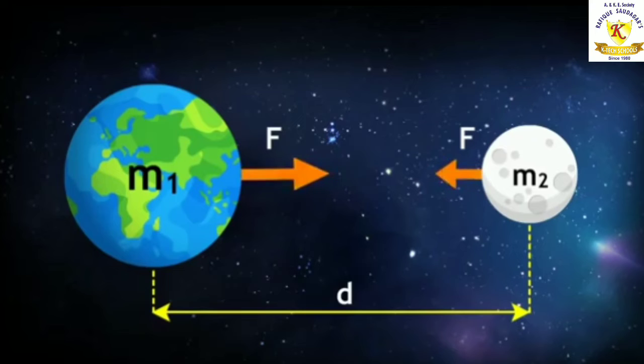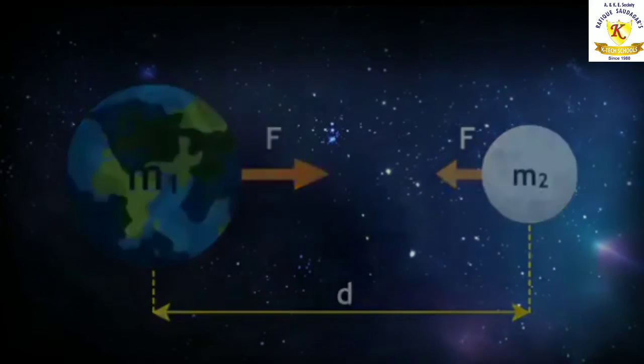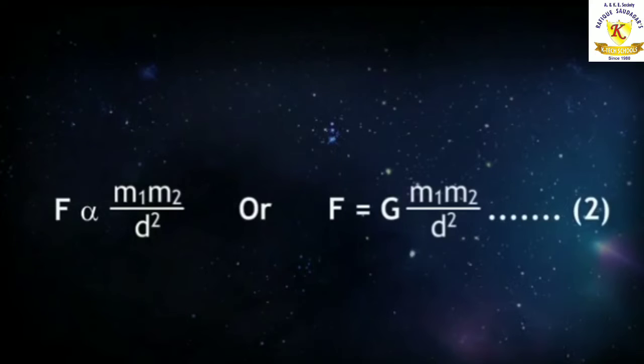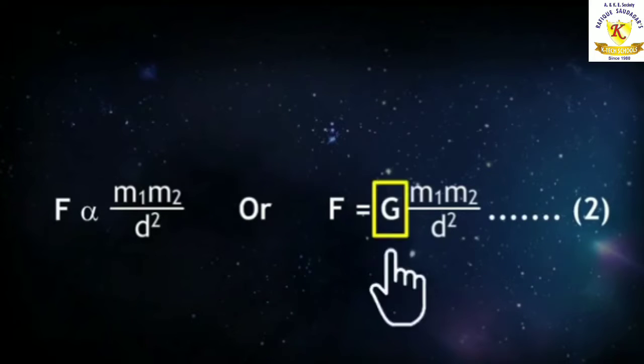Mathematically, the gravitational force of attraction between these two bodies can be written as F is directly proportional to m1 m2 upon d square, or F is equal to G m1 m2 upon d square. Let this be equation 2.